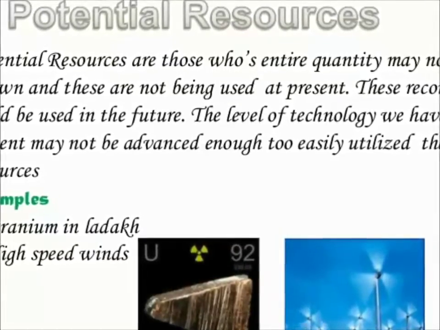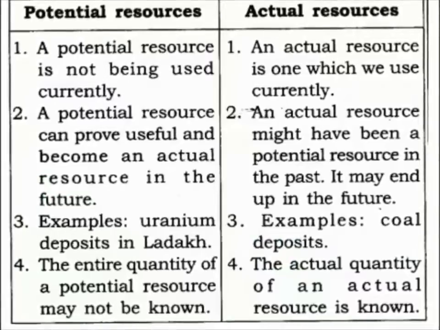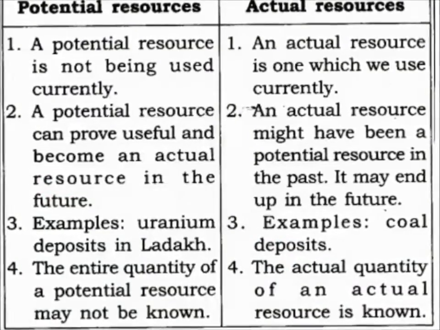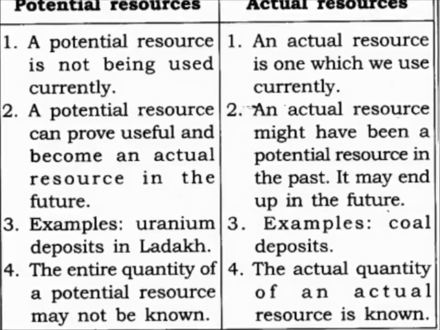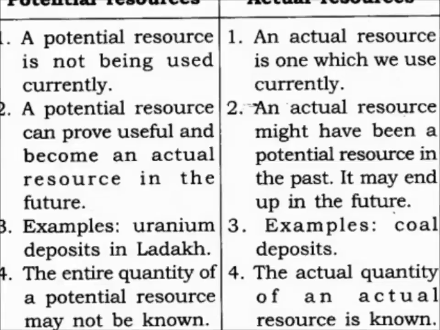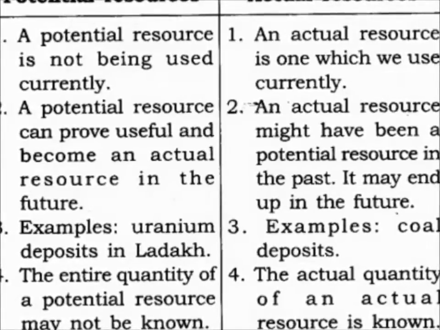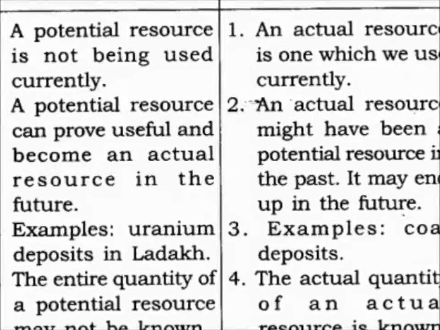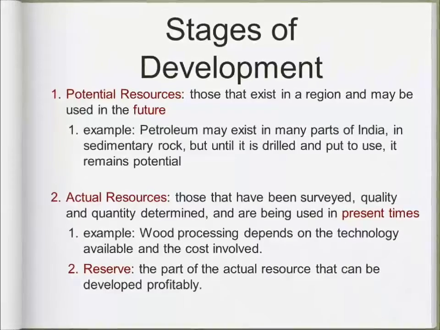But actual resources are those about which we know every detail. That means it is already recognized where the places are, and we also know its quality, quantity and the uses of that resource for humans. So we are using it to its maximum presently. They are actually under use.